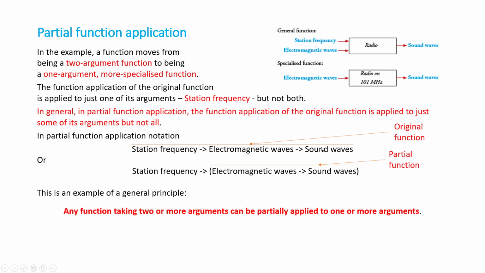Now if we supply the station frequency argument, we now have a partial function which is described in partial function application notation as electromagnetic waves, forward arrow, sound waves. So this is an example of a general principle. Any function taking two or more arguments can be partially applied to one or more arguments.